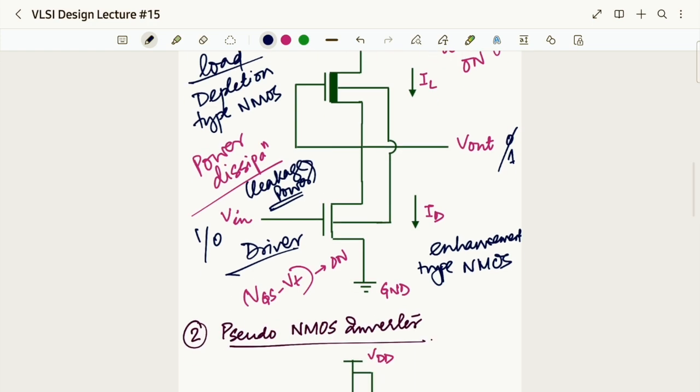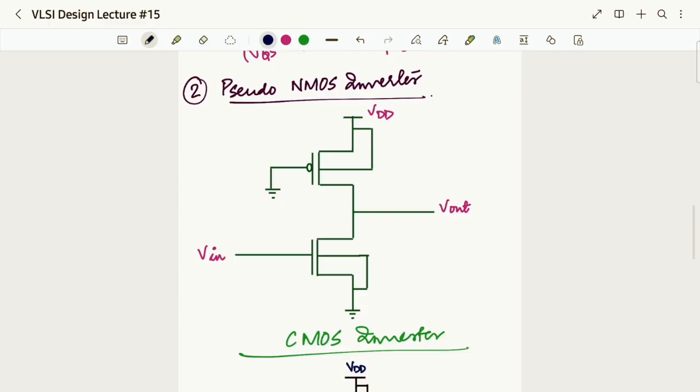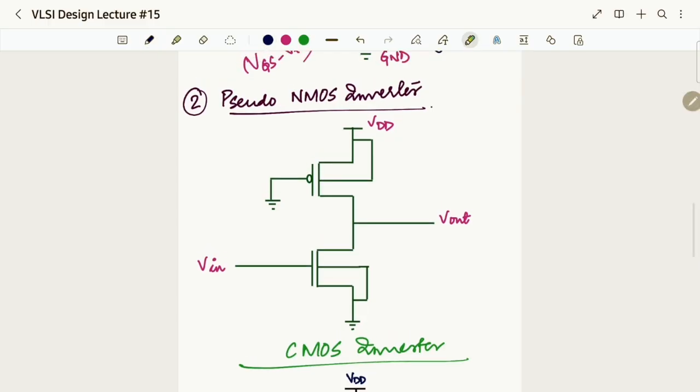Now we went on to a different kind of design that is named the Pseudo NMOS inverter. Pseudo means false, NMOS is NMOS. So what is a false NMOS? PMOS.